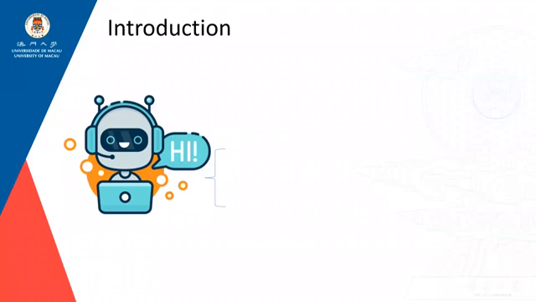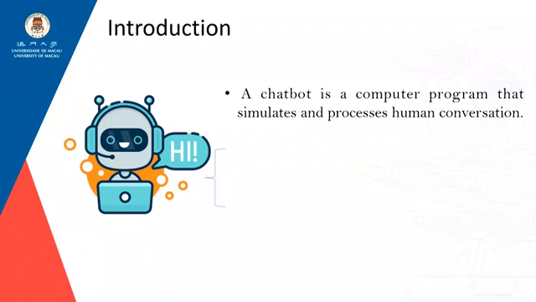So what is a chatbot? At the most basic level, a chatbot is a computer program that simulates and processes human conversation, allowing humans to interact with digital devices as if they were communicating with a real person. Now, there are many different chatbots on the market.